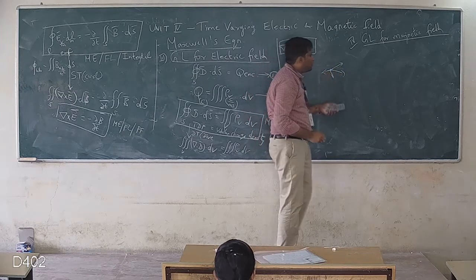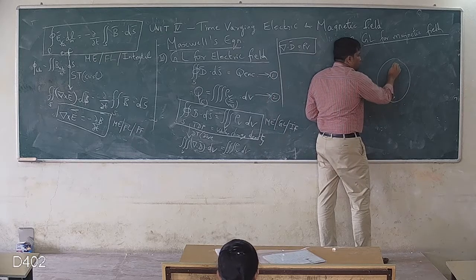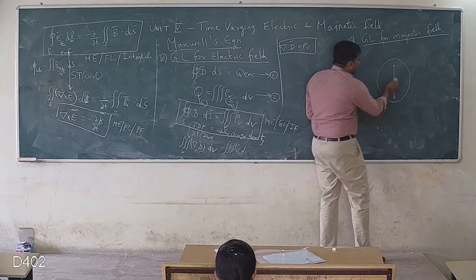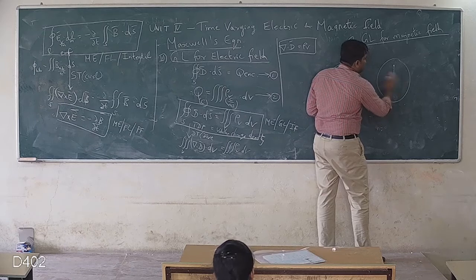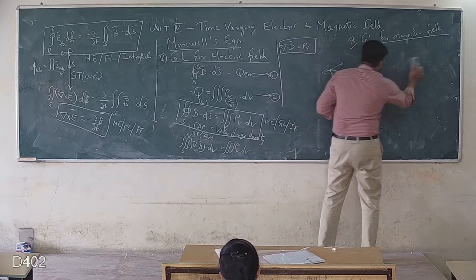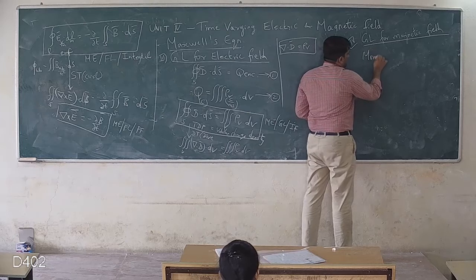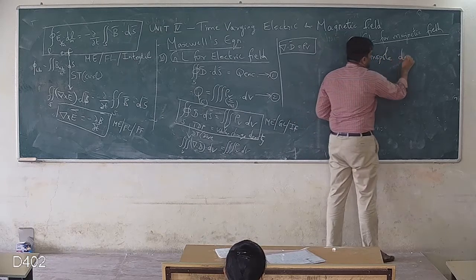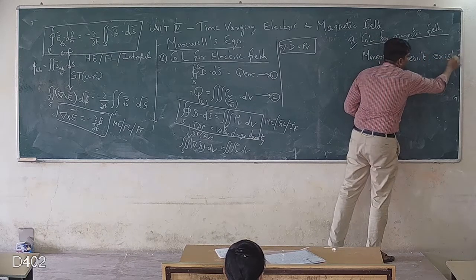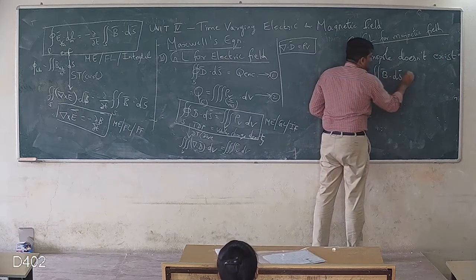But as per the universe, when there is a north pole here, there will be a south pole. Without north pole and south pole, the universe does not exist. The meaning is, a north pole alone does not exist. With that basic sense, we are writing that the monopole does not exist. With this simple logic, we can write double integral B dot dS vector is equal to 0.